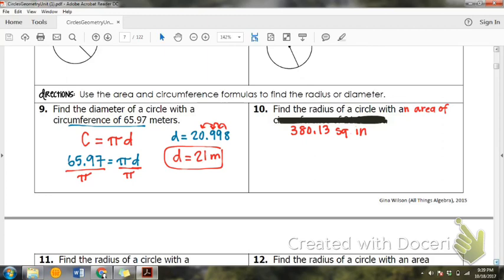All right, so if I have my area formula, pi times r squared, they gave me the area here, so I'm going to plug that in for my A. We're still trying to solve this for r. So we need to get rid of pi first, right?